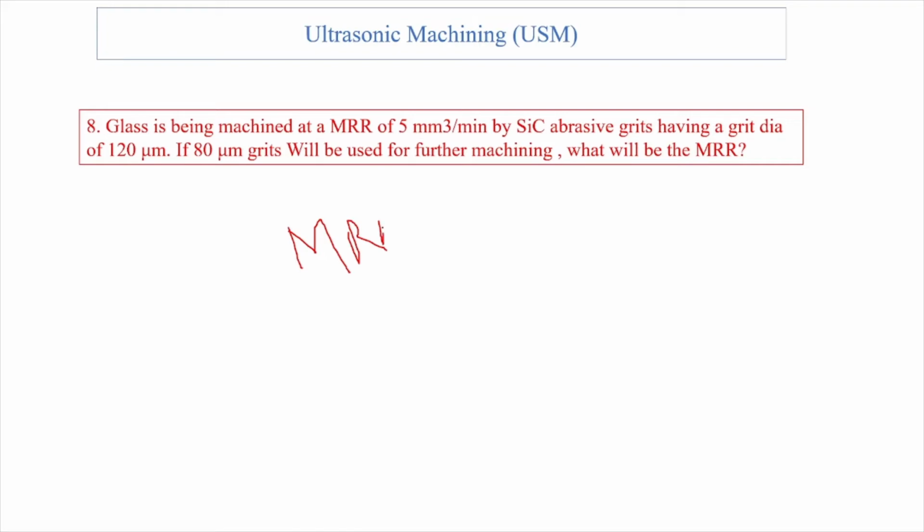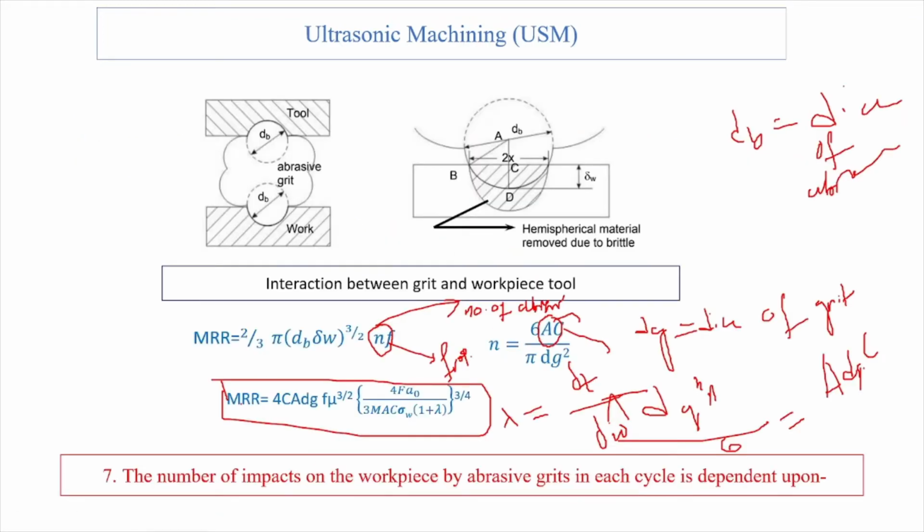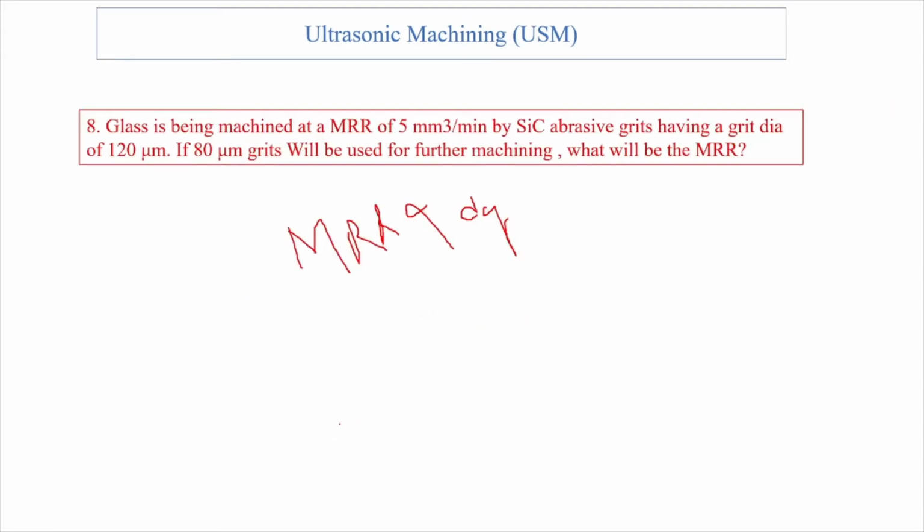MRR is proportional to dg, that is the diameter of grit. See, from this equation only we can tell MRR is directly proportional to dg, the diameter of grit.